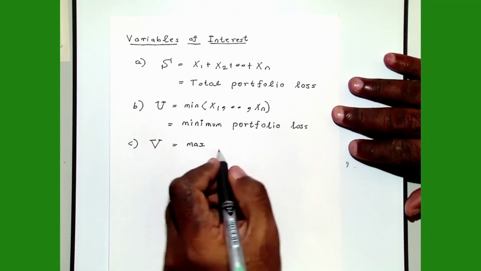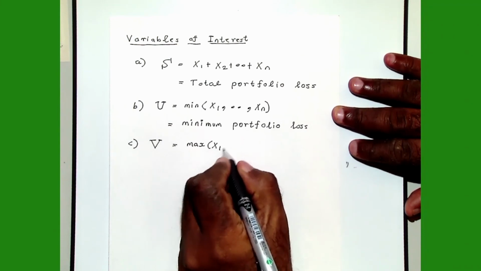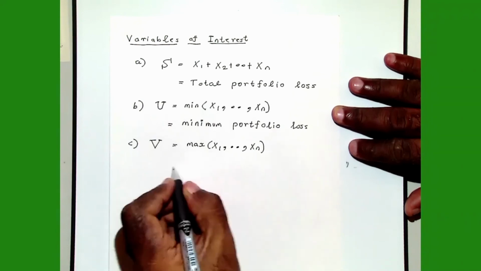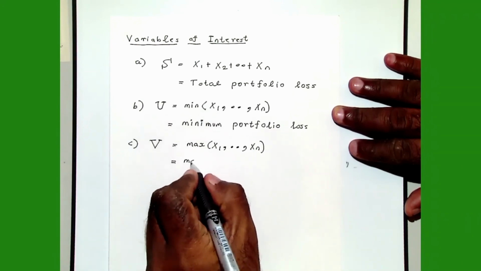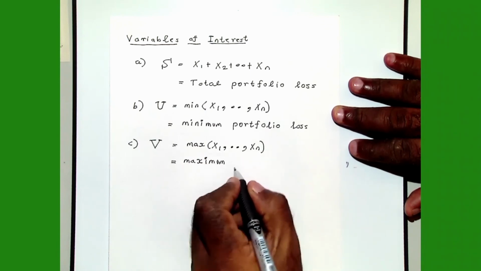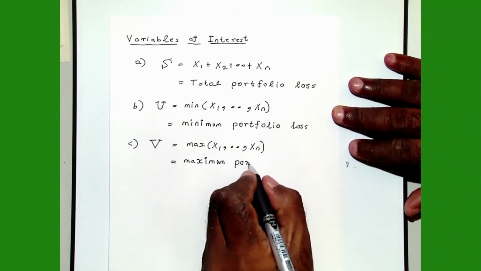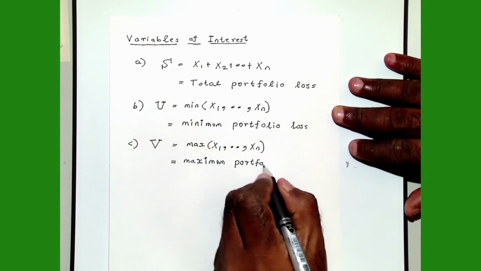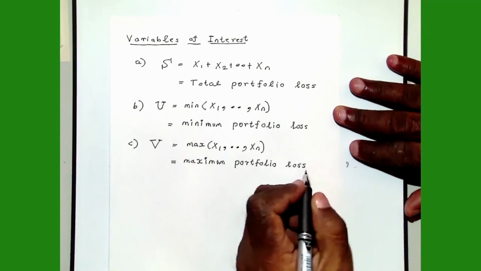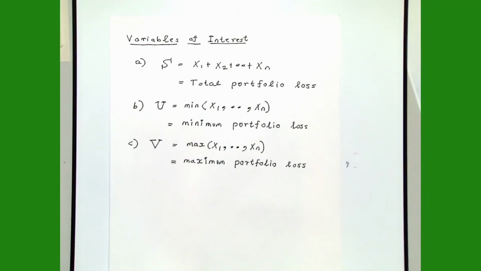In other words, the largest of the losses. Right, so these are just three of the variables that are of interest, but of course there can be many other variables that are of interest.